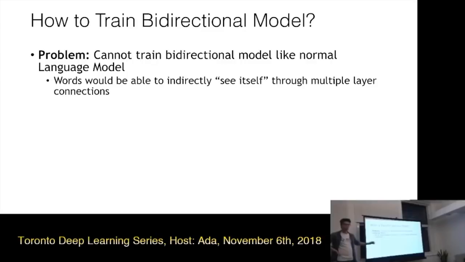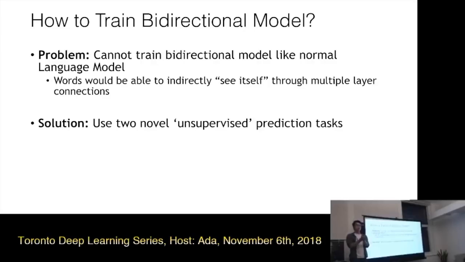Maybe the transformer thing didn't impress you so much, but maybe this will. They used 2 novel, unsupervised prediction tasks. By unsupervised, it means that this prediction task is generated from a plain text corpus, like Wikipedia or a corpus of books, things like that. And this can be generalized to other languages easily.